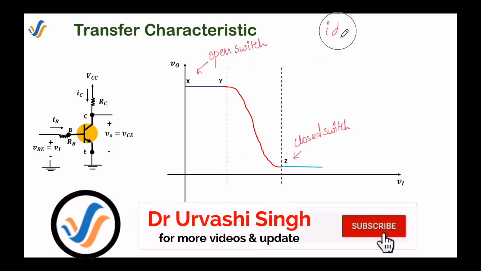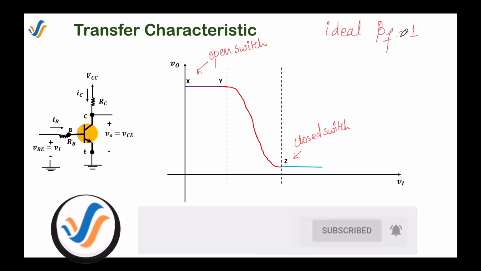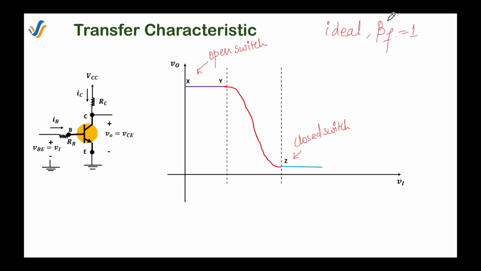To achieve the ideal feature of this switch, the beta forced value should be 1. But let's first see what beta is. Before knowing beta, you should know what the edge of saturation, EOS, is.